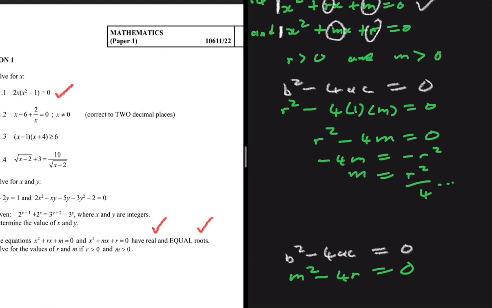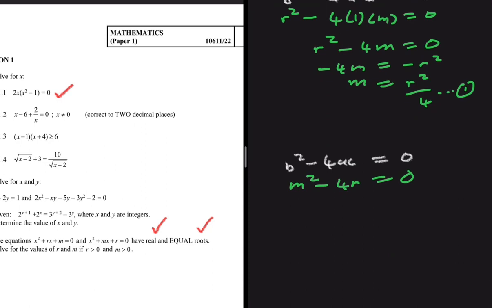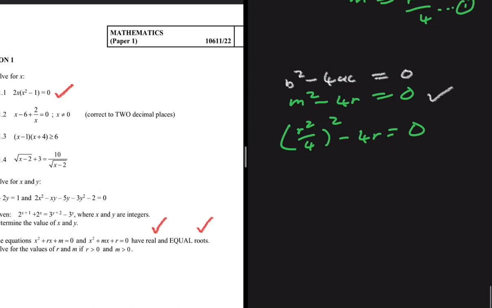We can call this equation 1 and substitute it here. If we do that, in place of m, we have r squared divided by 4, and then we square that, minus 4r being equal to 0. So we're going to have r to the power of 4 divided by 4 squared, which is 16, minus 4r being equal to 0.